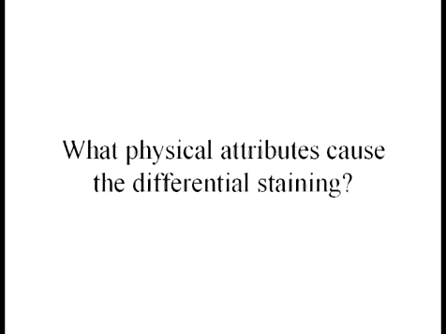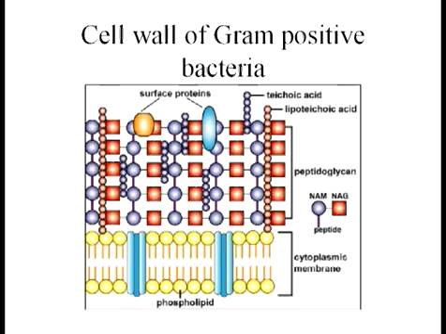What physical attributes cause the differential staining in these bacteria? As we'll see in a moment, it mostly has to do with the structure of the cell wall. First, let's take a look at the cell wall of the gram-positive bacteria. The main thing we want to focus on here is this layer of peptidoglycan, which is illustrated by these red square purple circle complexes.